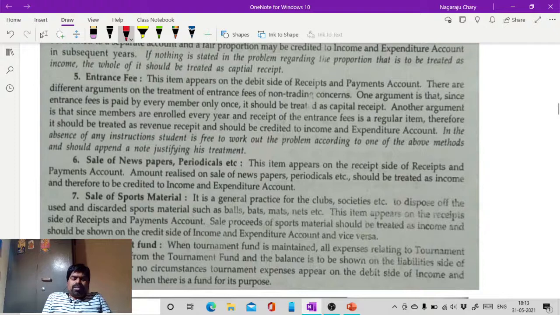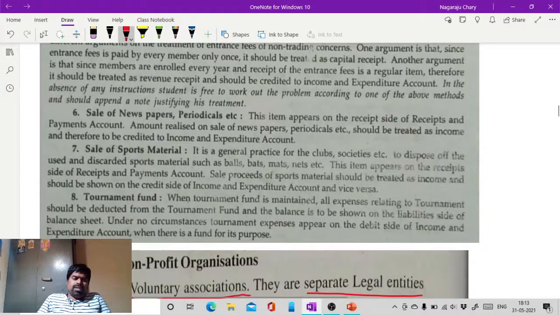Entrance fee. Sometimes the organizations may conduct activities, cultural programs, entertainment programs, or traditional activities for the society. Then they may get some earnings for such activities. Entrance fee may be collected from the audience. So based on that, it may be treated as a revenue item or a capital item. So if it is repetitive or non-repetitive in nature, that is to be considered here also.